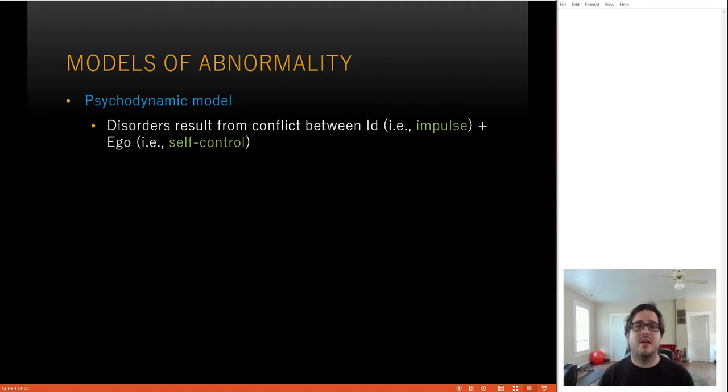For example, if you had impulses and you consistently acted on them, that could be disordered thinking, because certain impulses such as anger, the desire to strike out at someone, that is socially unacceptable. So it violates one of those social norms. This would be social norm deviance. Therefore, we might say that you have some sort of anger disorder.